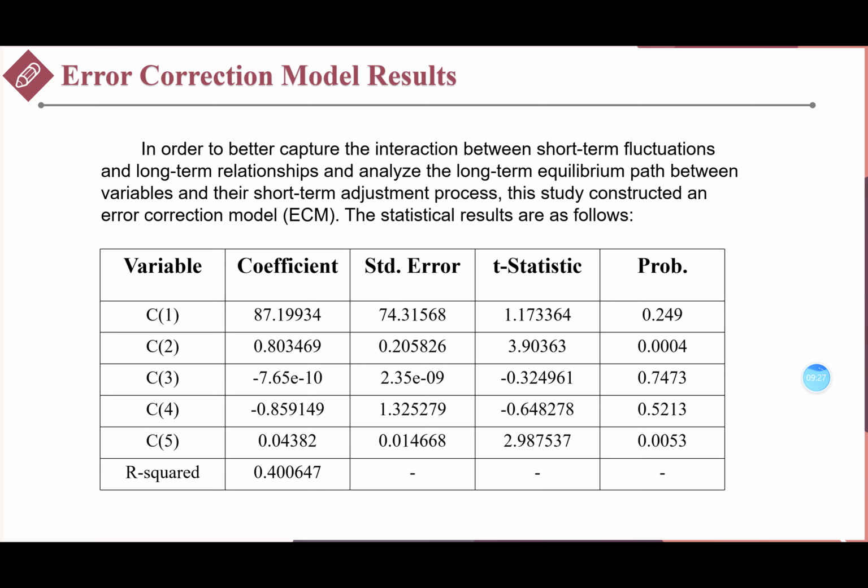And then, in order to better capture the interaction between the short-term fluctuations and the long-term relationships and analyze the long-term equilibrium path between variables and their short-term adjustment process, this study constructed an error correction model.